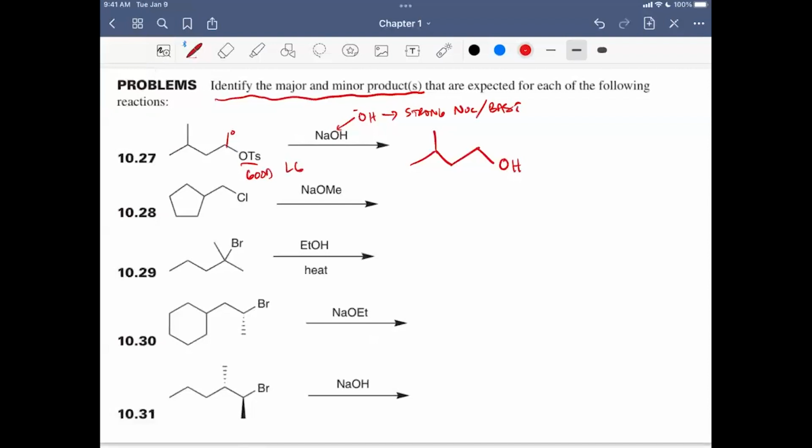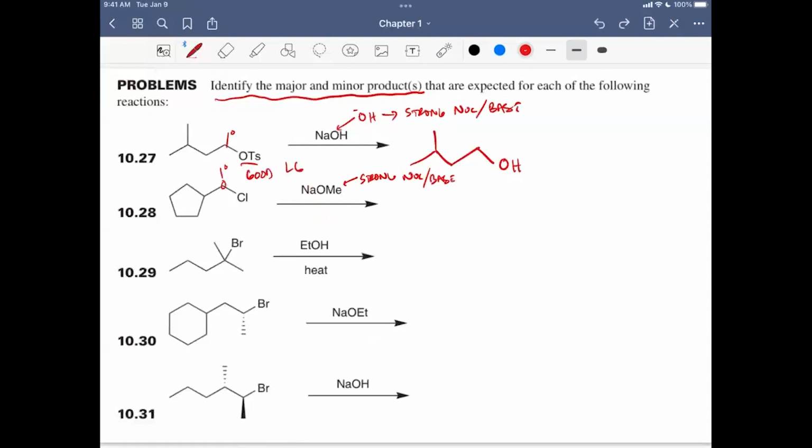All right, this next one, we're dealing again with a primary carbon, and we have another strong nucleophile and strong base. Because again, you can take off that Na. That Na is a spectator ion, so we're dealing with negatively charged oxygen and a methyl, so negative OMe.